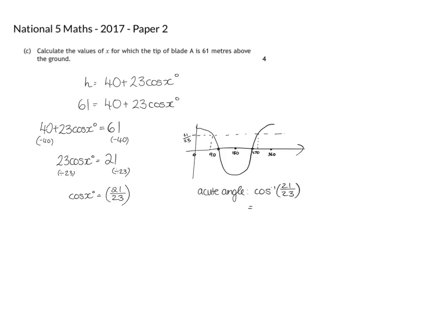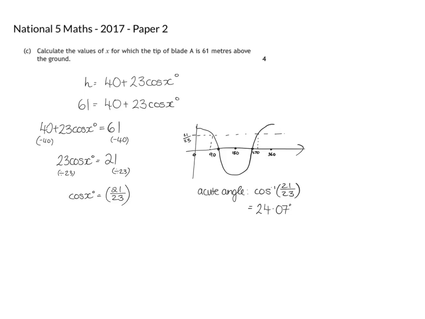I'm saying it as I type it into my calculator, so I don't do anything wrong. So I get 24.07 degrees. As you can see, my drawing is not so great. Really 21 over 23 should be closer, but we know it's between 0 and 90, and 24.07 is.